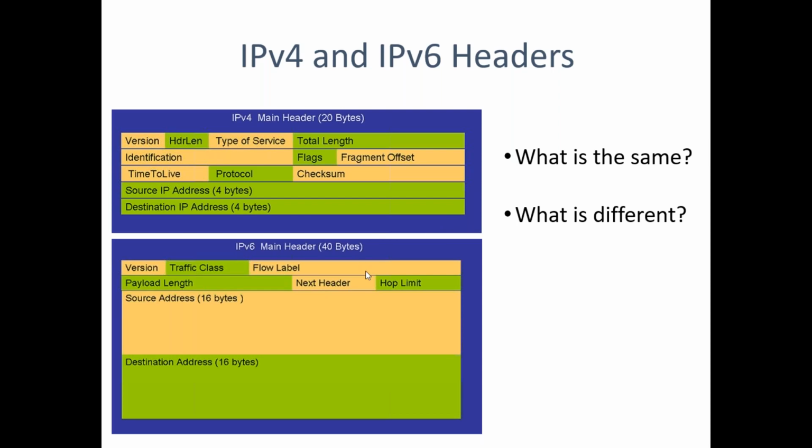So in IPv6, there is this concept of the next header. If you're used to IPv4, that would generally be your upper layer header, your TCP, UDP, QUIC, that kind of header. But in IPv6, it can be another header.